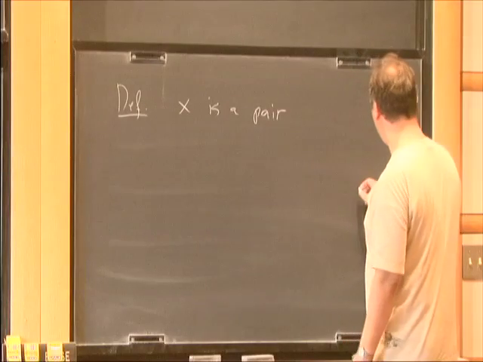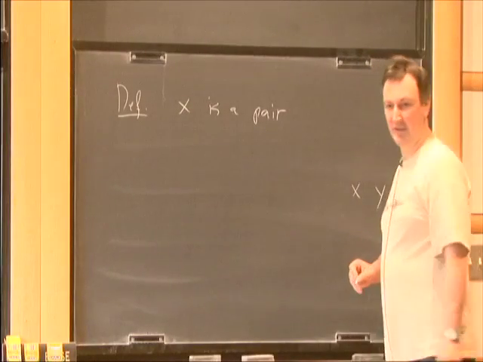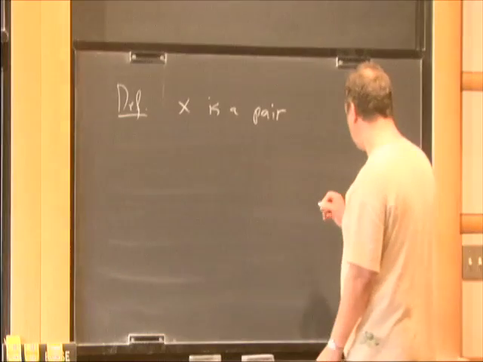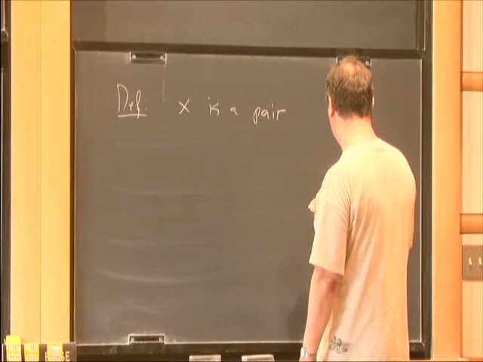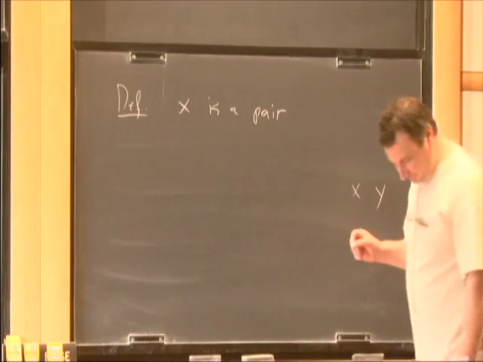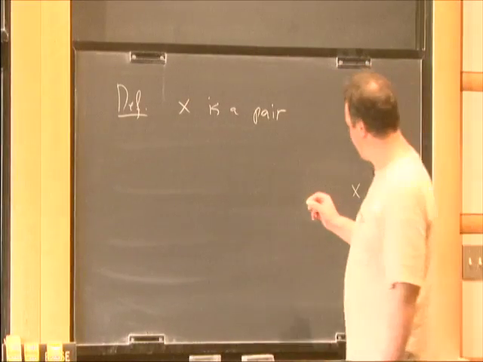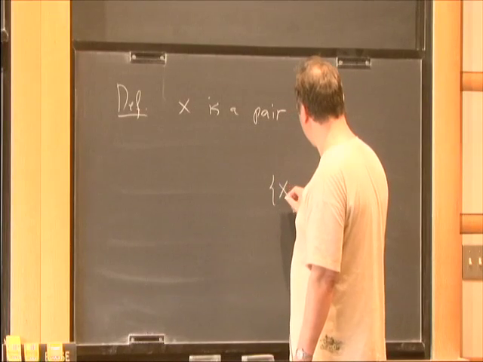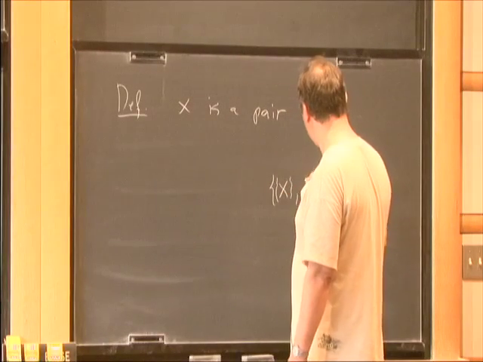So the idea would be if I have two sets, x and y, and I want to form a pair out of them, then I form a new set, which consists of, let's see what I should do. I think I should take the first, just in case.